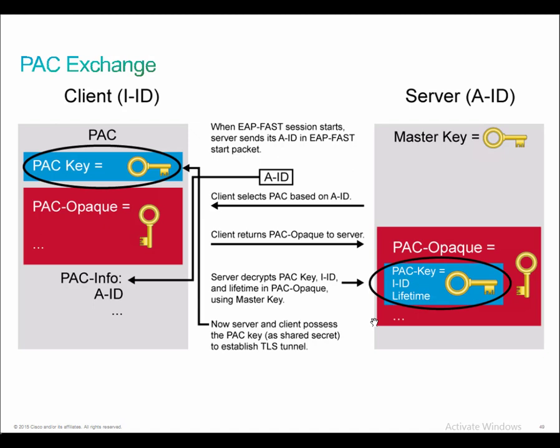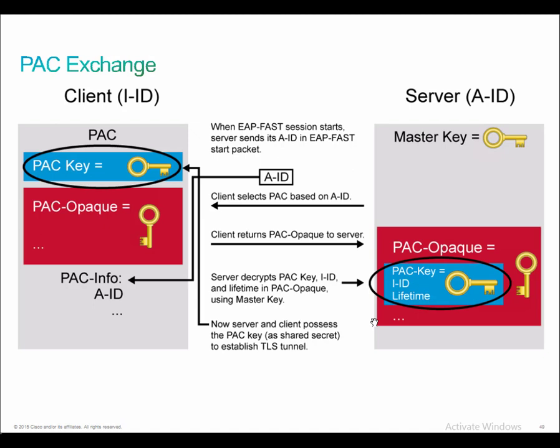The client sends the pack opaque field from the appropriate pack to the server. Remember, that includes the pack key, the client identification, lifetime, etc. The server uses the master key to decrypt that pack opaque field and to retrieve the pack key.